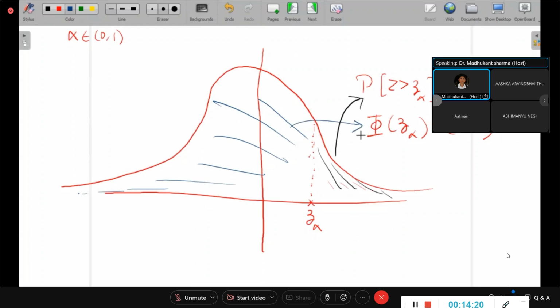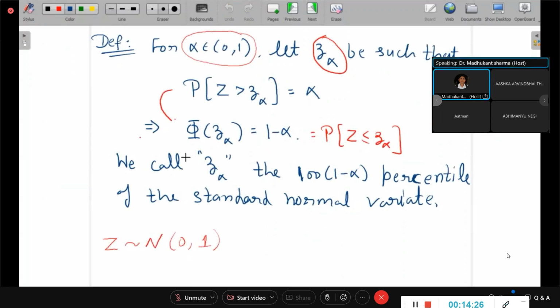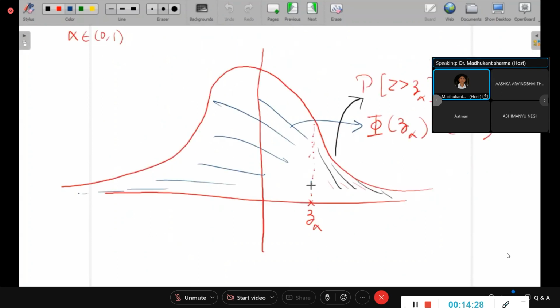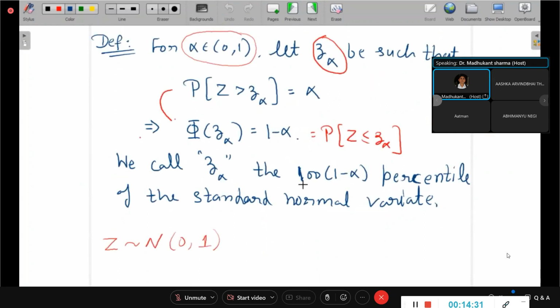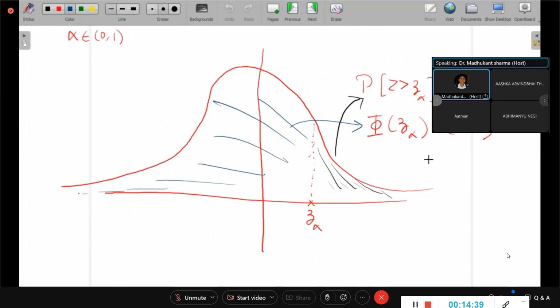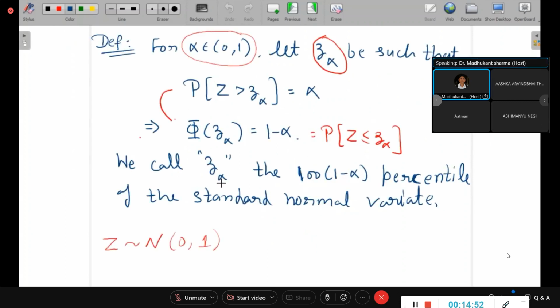Now you have the definition of a percentile. We call Z alpha the 100 times 1 minus alpha percentile of the standard normal variable. Multiplying 1 minus alpha by 100 makes it a percent, like 95% or 25% or 30%.